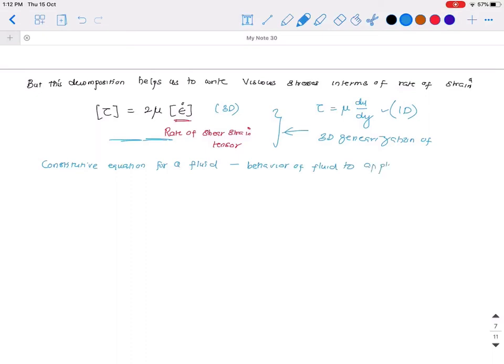Okay, so this is the constitutive equation for a fluid. So this one we are going to substitute in the Cauchy equation to get the required equations.